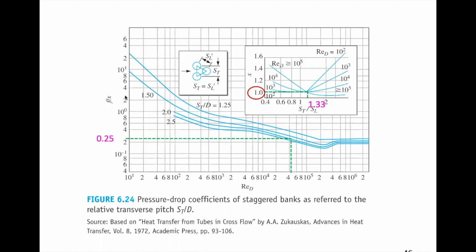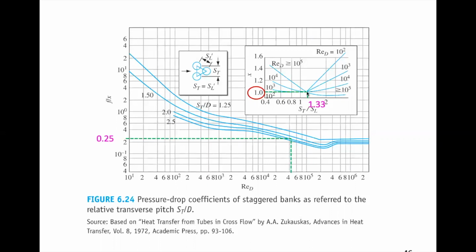But we need to know how much is X. And to know how much is X, we use this little inset here, okay? And in order to read this little inset here, we need to know the Reynolds, right? And the Reynolds, we are in 10 to the 5, right? So 4.9 times 10 to the 4.